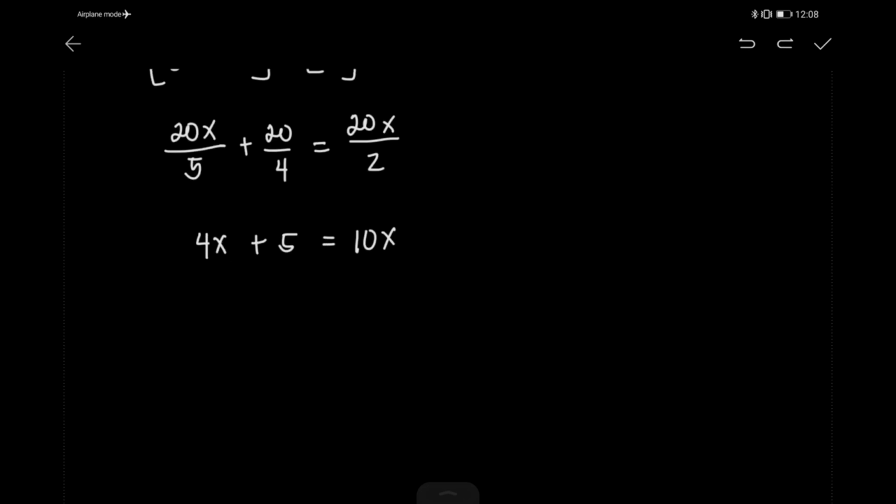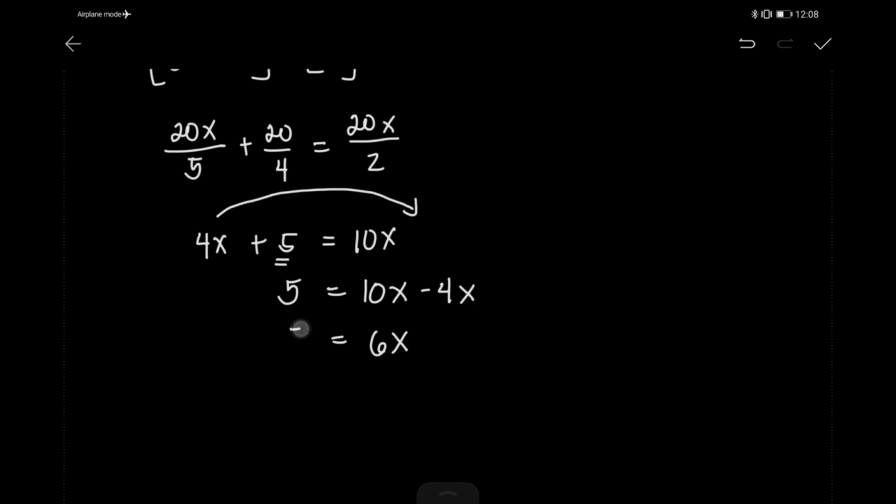What we're going to do to find the value of x is transfer this 4x to the other side. So it will become 10x, then change the sign: from positive 4x, it will become negative 4x. Then bring down the constant, so we have here 5. Then simplify: 10x minus 4x is 6x.